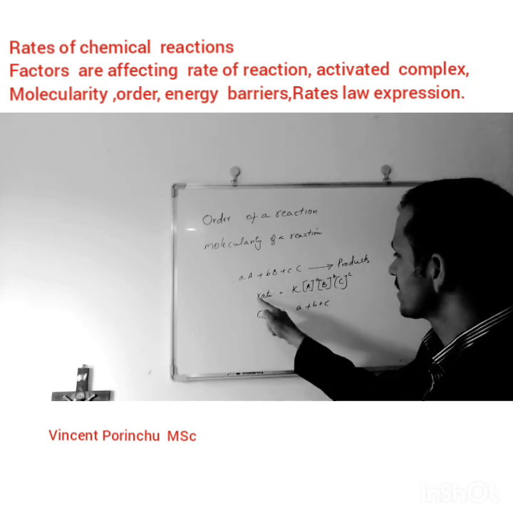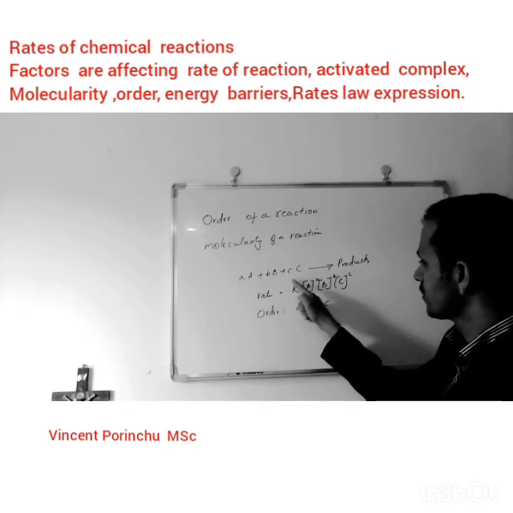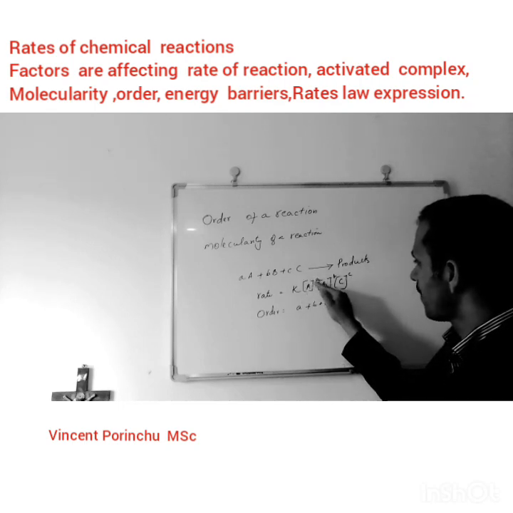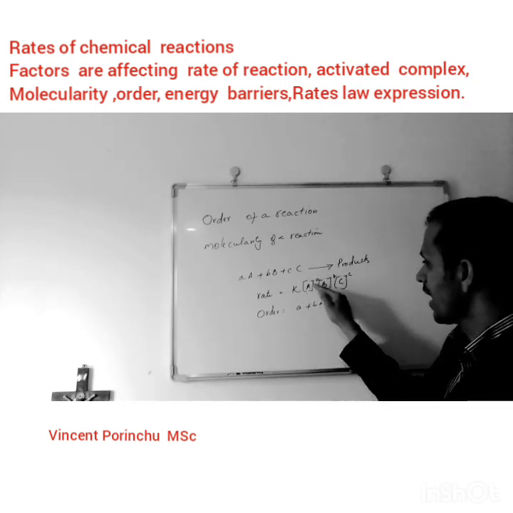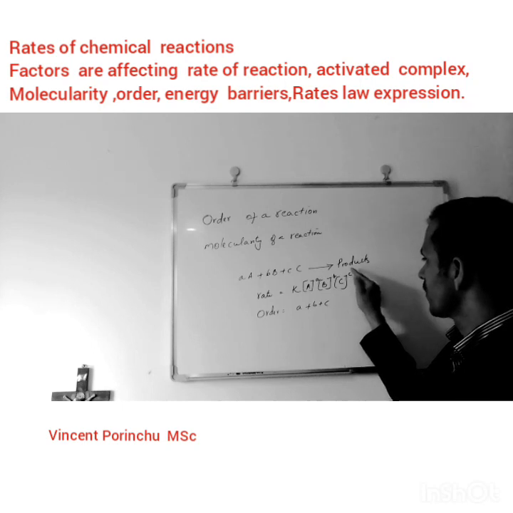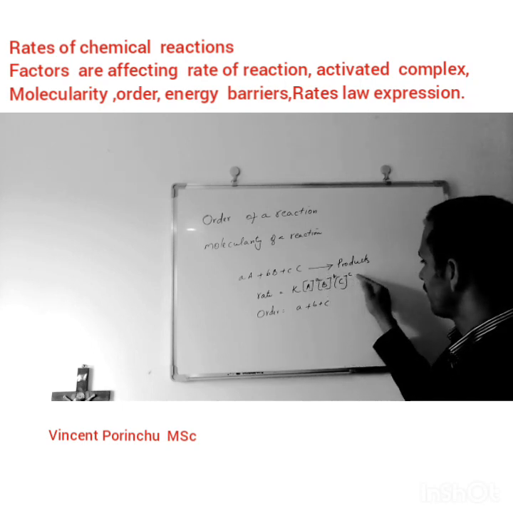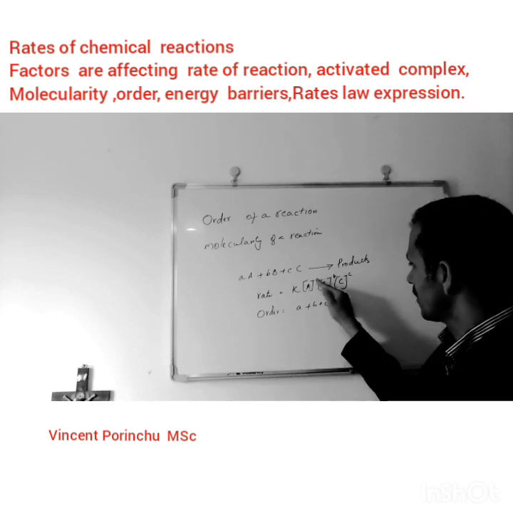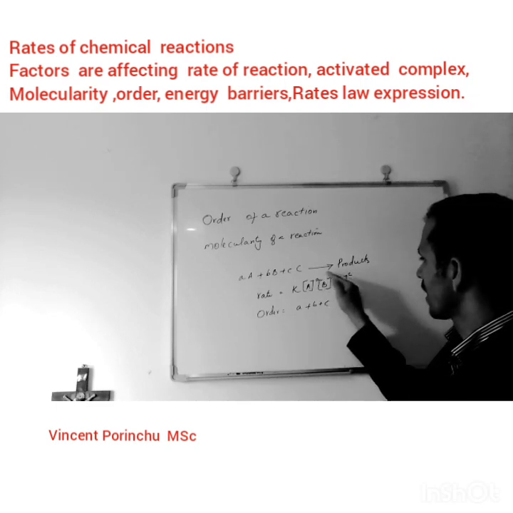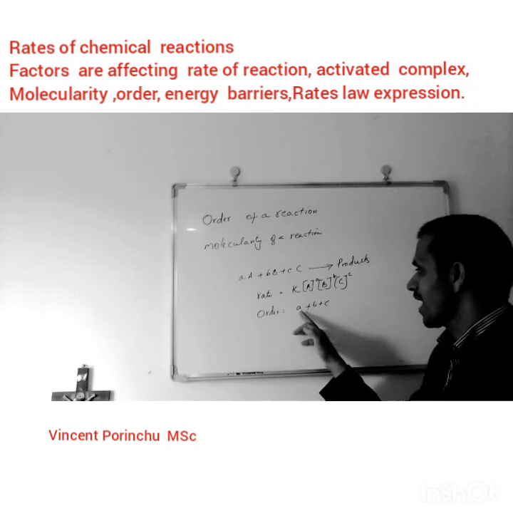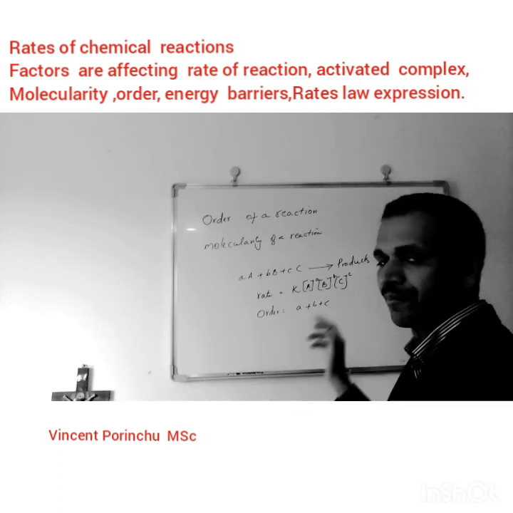This is the rate of that particular chemical reaction. Here the power terms are a, b, and c. According to the definition of order of a chemical reaction, the order is equal to the sum of these powers. So the order of that particular chemical reaction is a plus b plus c.